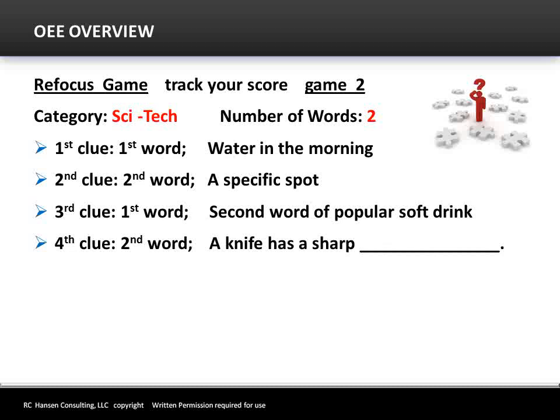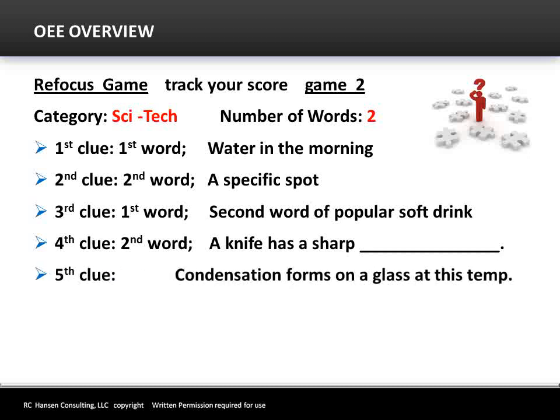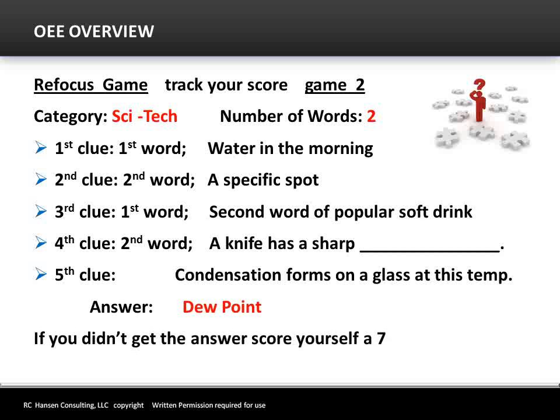Fourth clue. Second word, a knife has a sharp blank. Fifth clue. Condensation forms on a glass at this temperature. Answer is dew point. If you didn't get the answer, score yourself a 7.